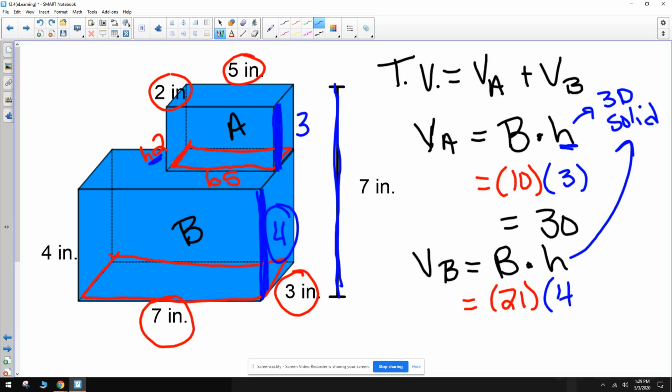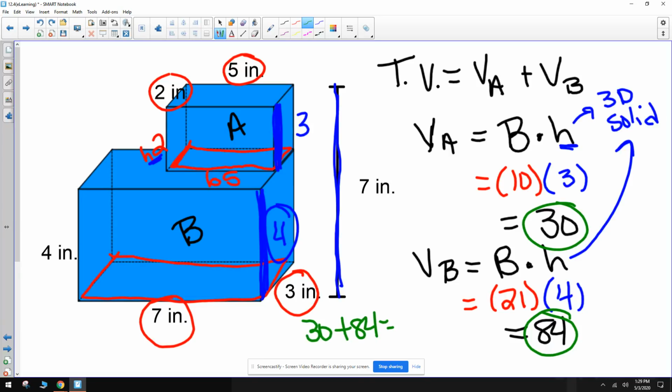I'm going to multiply that by 4, and I get 84. Now I'm not done, because I have to add these two answers together to get the total volume of this combo problem. So I take 30 plus 84, and I get 114. And it's inches cubed.